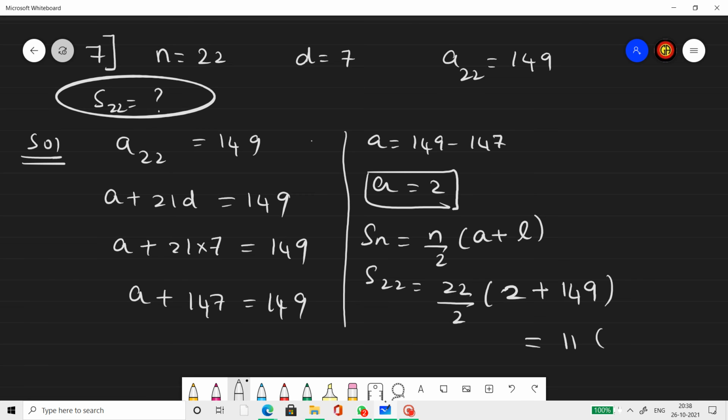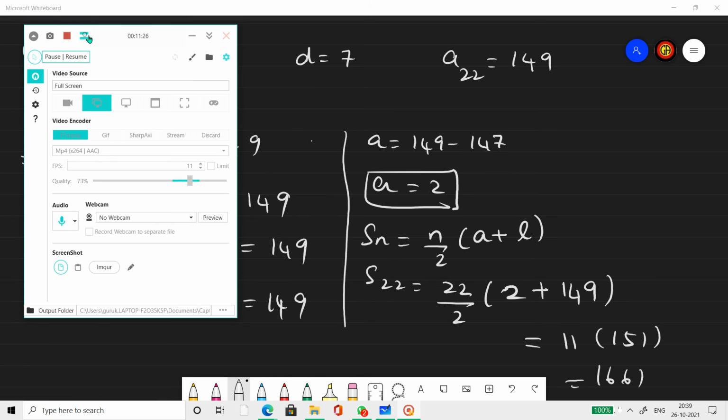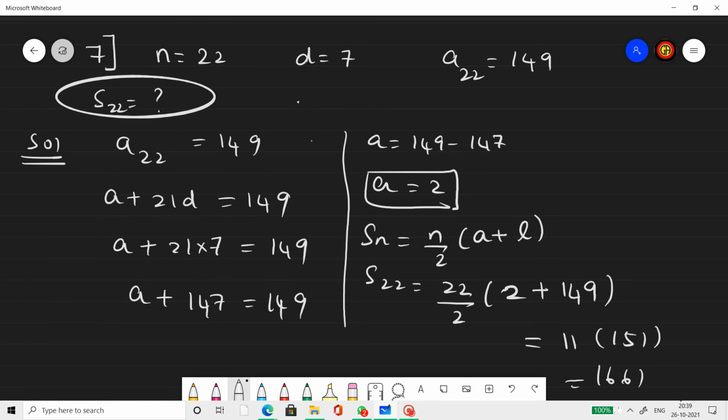So 11 into 151. So that would be the answer for this. So hence we get an answer of 1661 for this one.